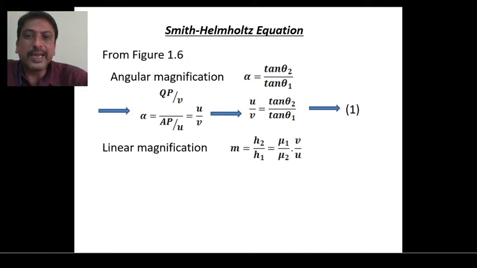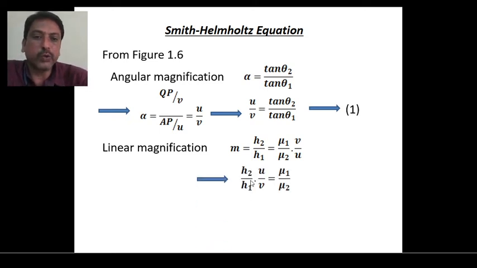Now the linear magnification is given by M, and it is the ratio of the height of the image to the height of the object, so H2 divided by H1, which can be written as mu1 by mu2 into V divided by U. Next, H2 divided by H1 into V divided by U is equal to mu1 divided by mu2.